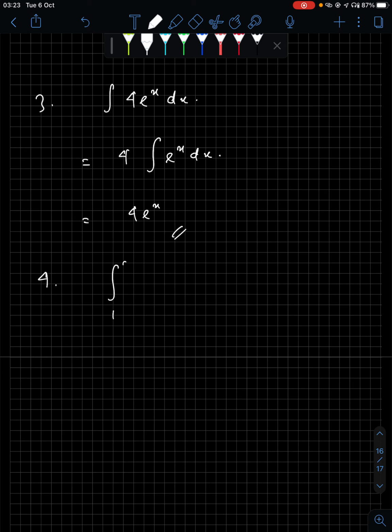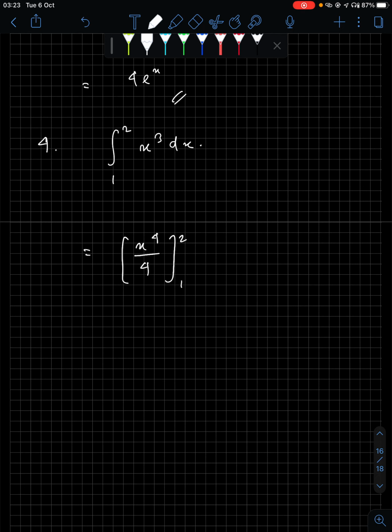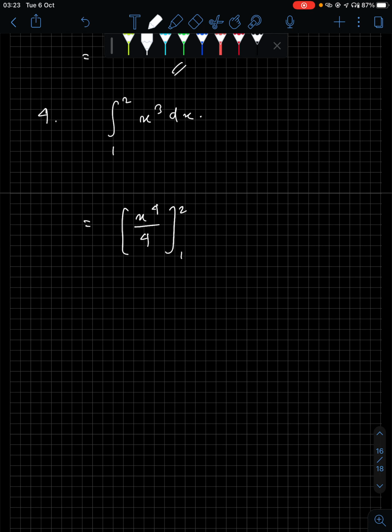Number 4. Integral, limit is from 1 to 2, integral x cube dx. So integral x cube dx gives us x to the power 4 by 4, and the upper and lower limits are like 2 and 1. Okay, so now you put these limits in place of x.